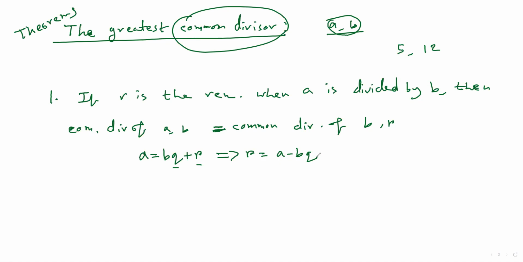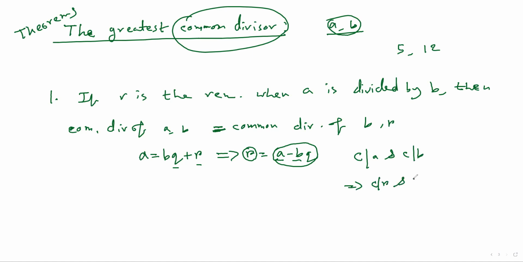If there exists some integer that divides both A and B, then we can factor that common guy out and conclude that it is also a divisor of R. So if C divides A and C divides B, you can conclude that C must divide R as well.